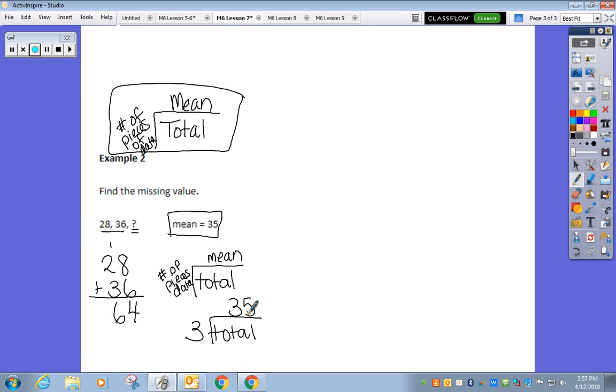What I can do to figure out what this total is is what I would do to check a division problem. When you check a division problem, you take your quotient and multiply it by your divisor, and it will give you your dividend. So if I take 35 and multiply it by 3, it will give me my total.